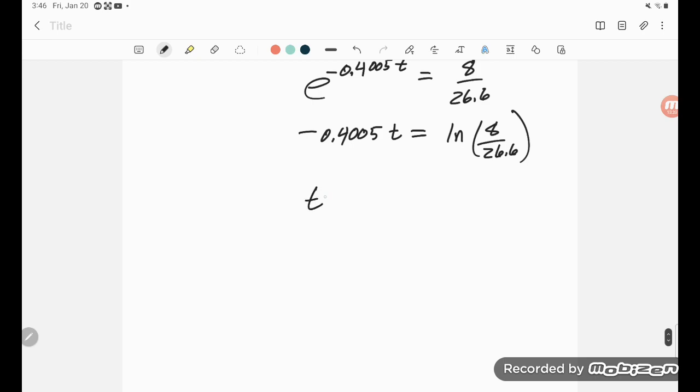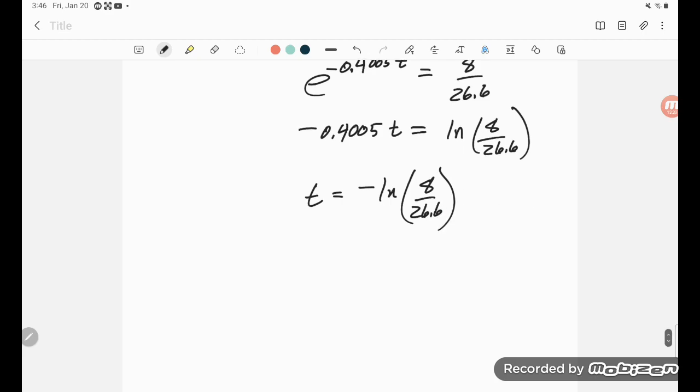And so t is equal to minus the logarithm of 8 over 26.6 divided by 0.4005. So, what the heck is that?